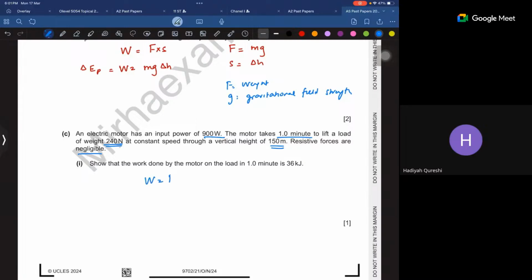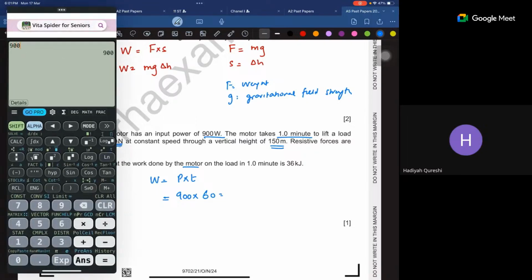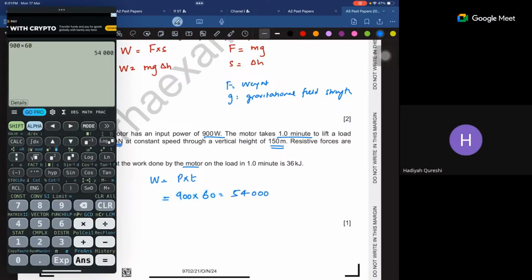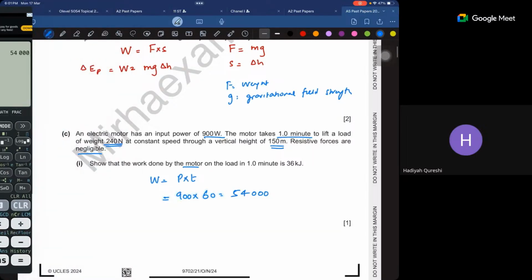So work done, again, force times... wait, that's not right. We have to find work done, power times time. So 900 times 1 minute, the input power. So I have to use input power and 60 seconds. Let's try that. I think it should give us the right answer. Yeah, it does actually, 54,000.